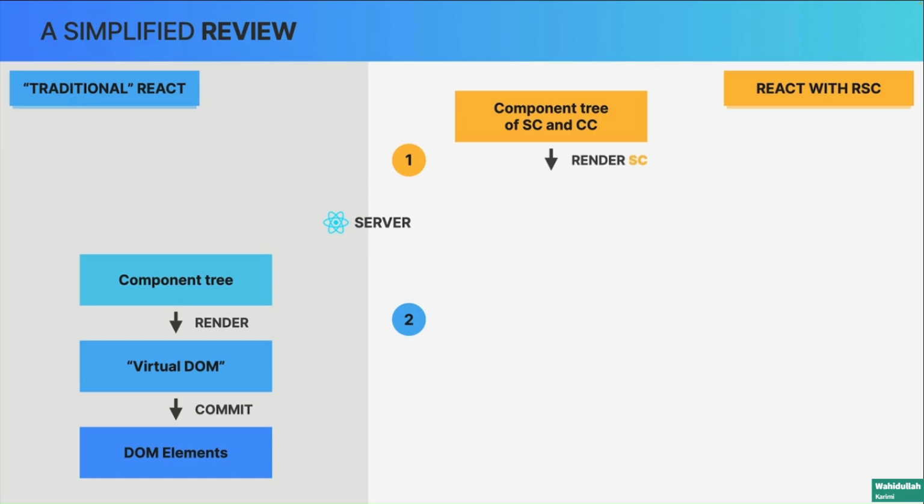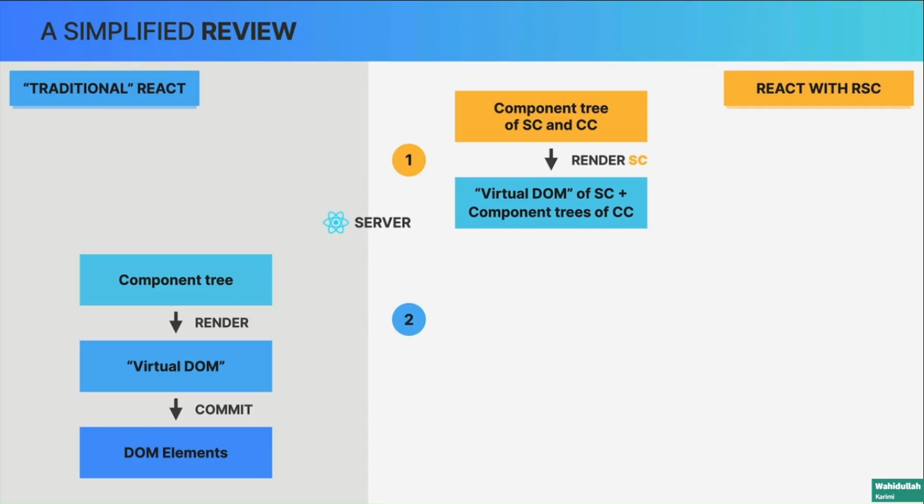The result of this is a virtual DOM of these already rendered server components plus the unrendered subtrees of client components. So server components are rendered and client components are not, and they both exist in the same data structure, which we call the RSC payload.